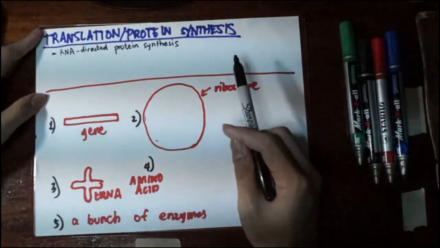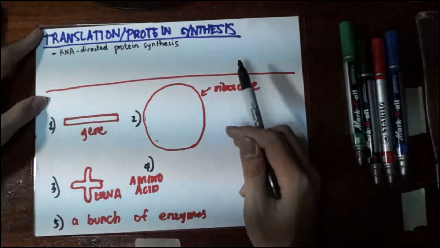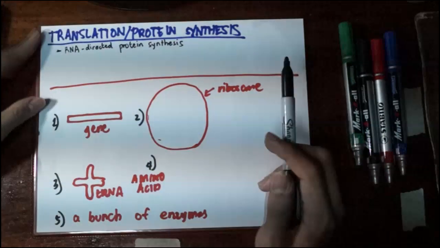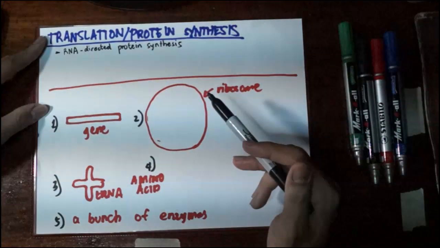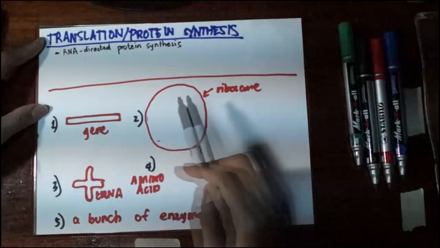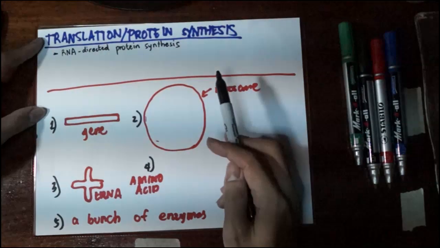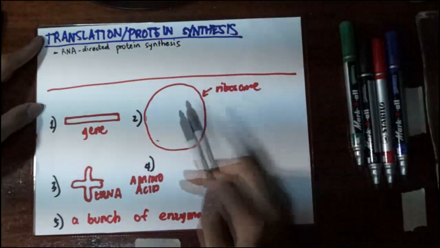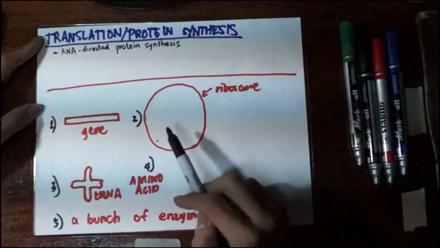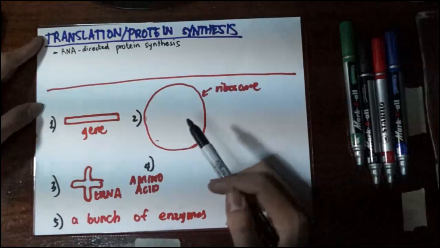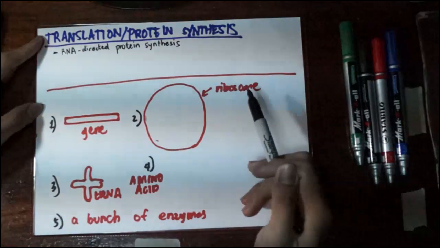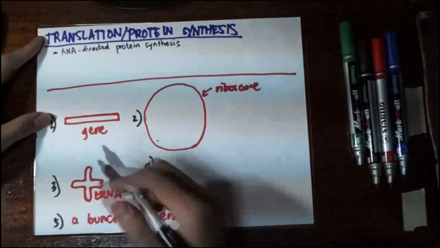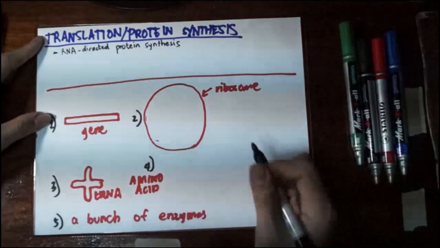First things first, we should be able to identify which things we need for protein synthesis, and I've already listed them down here. First, of course, we have the gene, or the mRNA, that has undergone transcription and post-transcriptional processes. Second is the ribosome. Without the ribosome, we wouldn't have the organelle which would do the protein synthesis. The third is tRNA, another type of RNA.